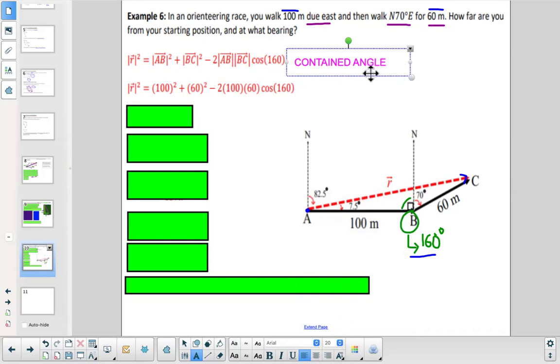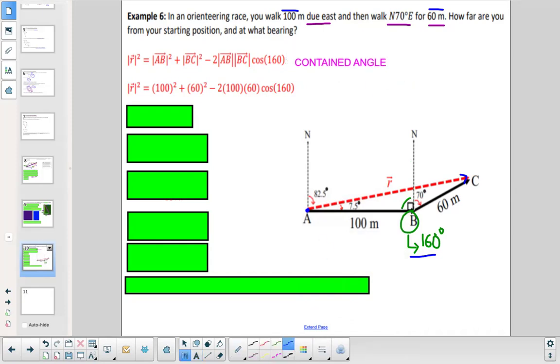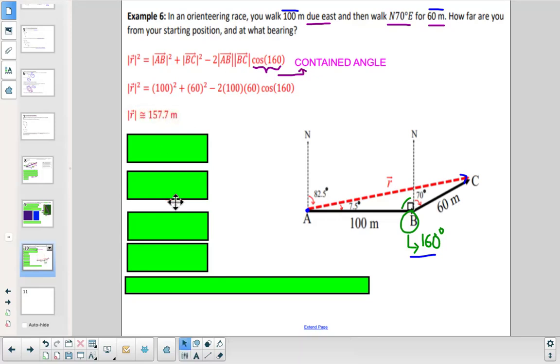Now I want to combine and solve for the magnitude. So I know that my magnitude, and I'm going to go ahead and write that in, is 157.7 meters.